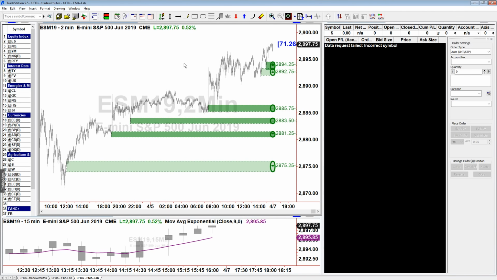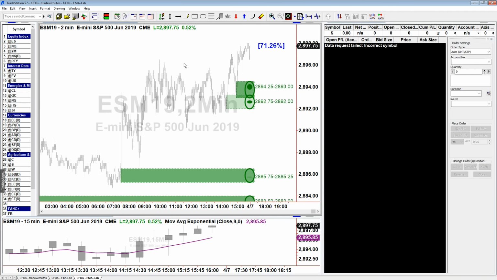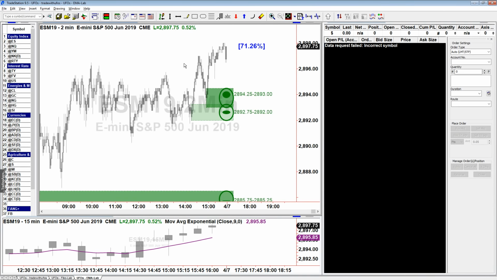So the beauty of using a tool to be combined with AutoUFOs is that you reduce the amount of trades you're going to take, and you reduce it in a way where you focus on the trades that are likely to be of a higher probability. Instead of trades that are going to be okay, you go for the trades that are going to be very nice. Is that making sense? And that's one of the reasons why we are combining the moving average with the AutoUFOs.